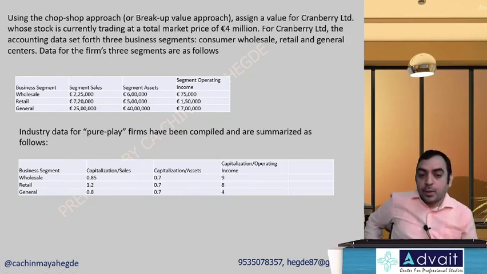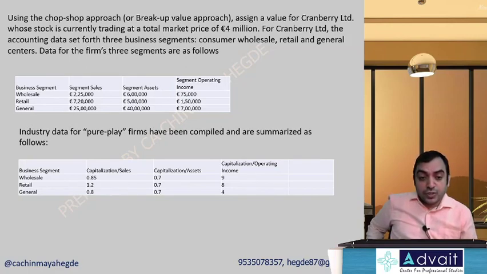Using chop shop approach or breakup value approach, assign a value for Cranberry Limited, whose stock is currently trading at a market price of 4 million euros. For Cranberry Limited, the accounting data is set forth for three business segments: wholesale, retail, general.